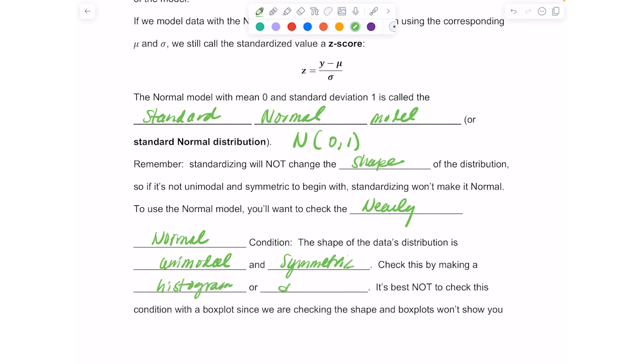You don't really want to use a box plot. Box plots don't really show shape. You can see symmetry in a box plot, but you really don't know much more than that. Like for instance, if the shape was uniform or unimodal, it's really difficult to see that in a box plot.